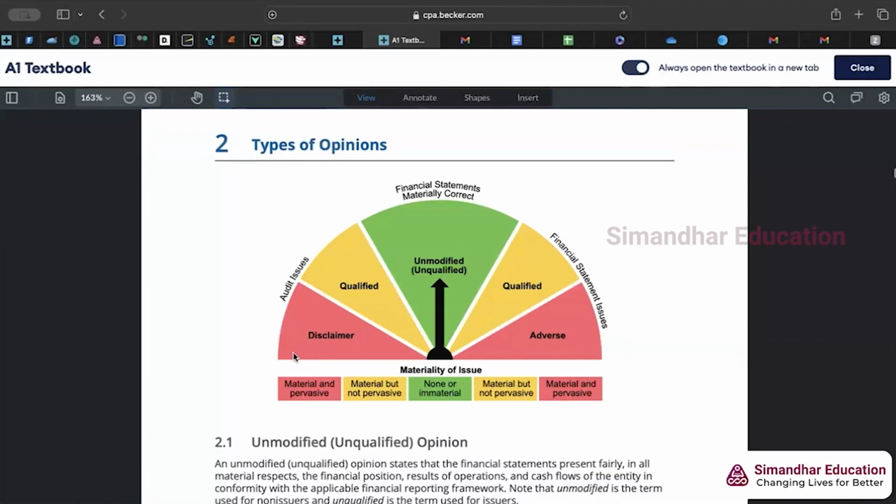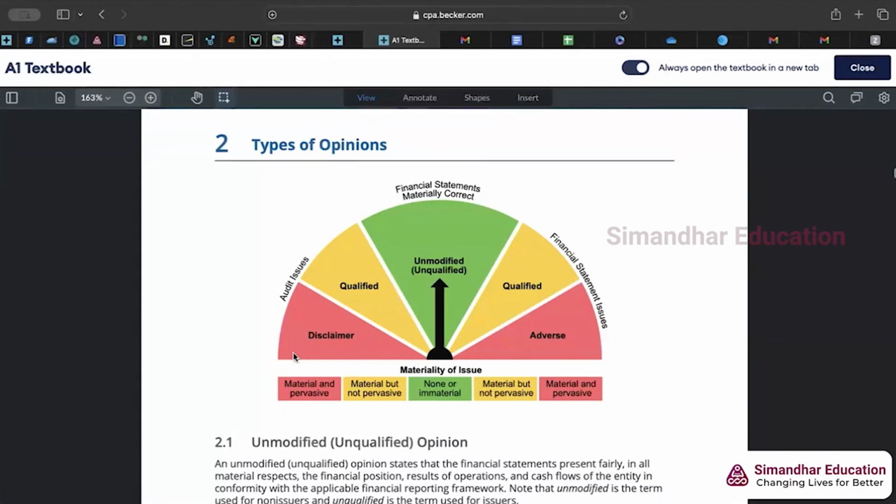Same company, you're auditing the cash accounts. The company is required to follow accrual basis of accounting. They have followed cash basis of accounting.